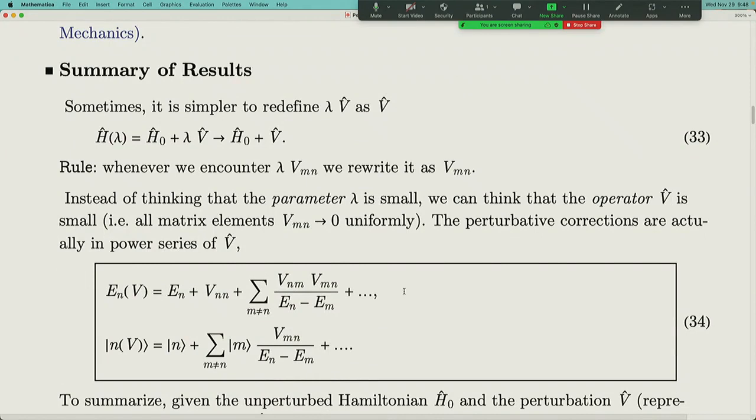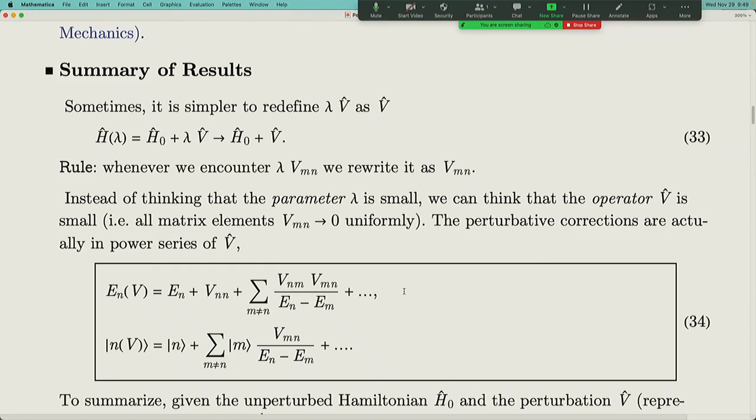So when we absorb lambda into V, we just assume that V is a very small operator. What does it mean by a small operator? It means that it's a matrix whose matrix elements are very small. So whenever we encounter lambda times V_mn, we rewrite it just as V_mn, as if we absorb this coefficient into the matrix element, and the matrix element itself is very small. So when we think about lambda being small, we mean that the operator is small, meaning that the matrix elements are small uniformly.